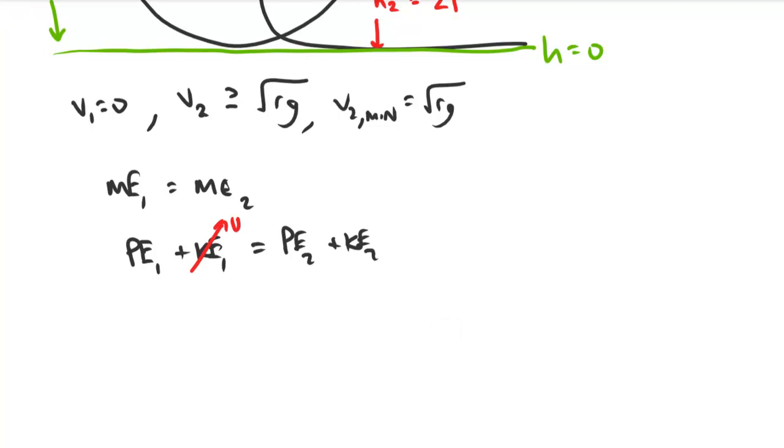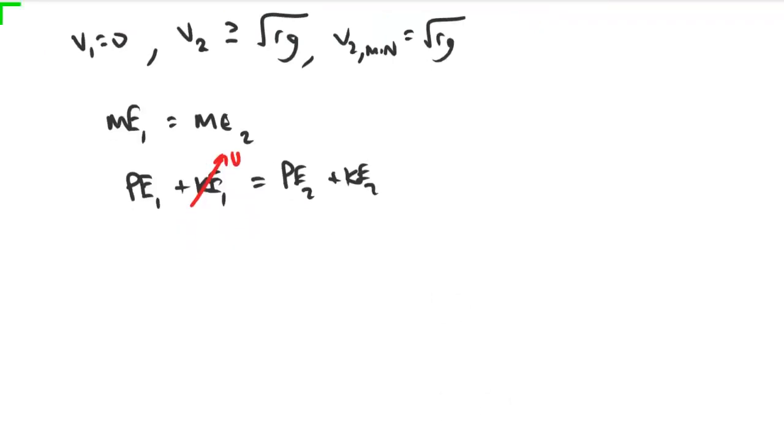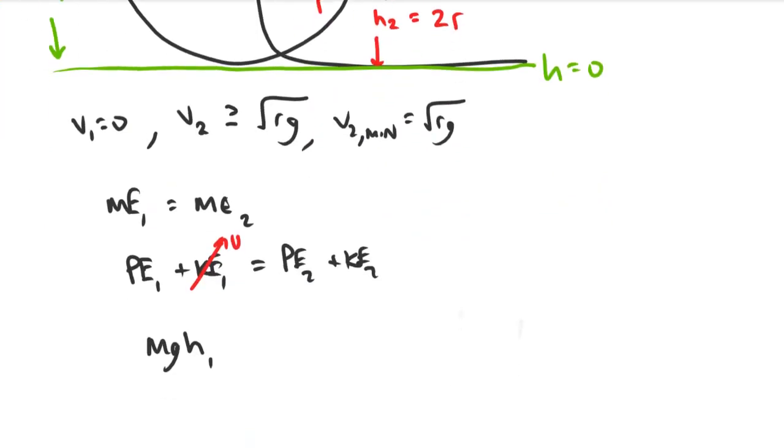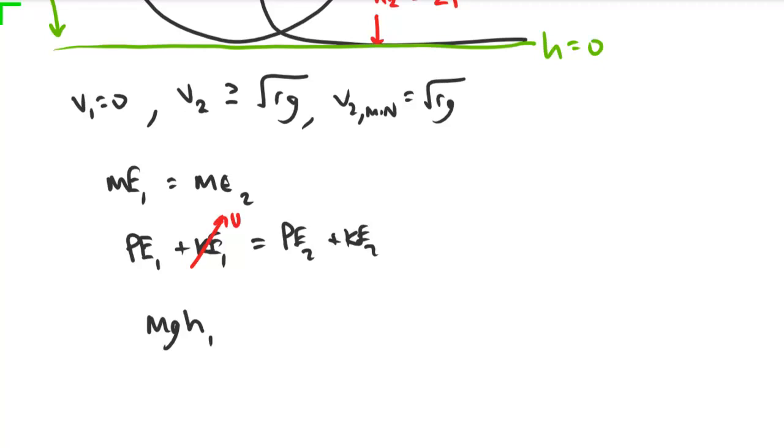Expanding this for potential and kinetic, we have mgh1 equal to mgh2 plus 1/2 m v2 squared. These masses all cancel out already, so we can simplify it down.